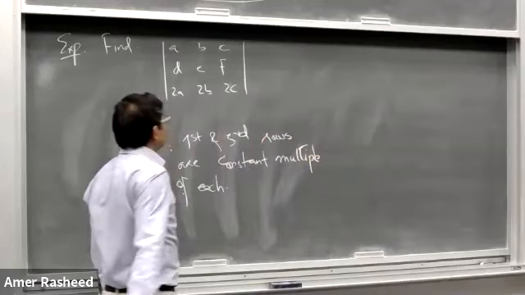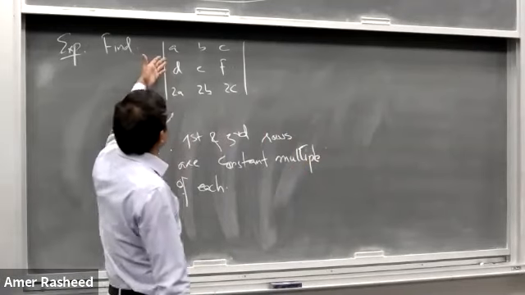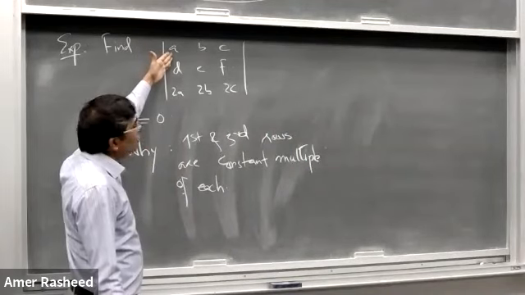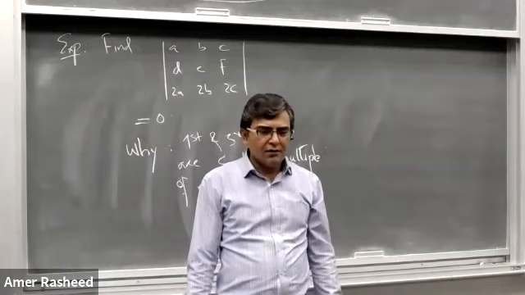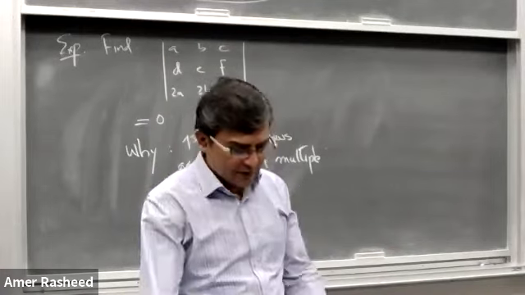What happens when two rows are constant multiple of each other? We can subtract a multiple of 2 of this row from this row. We'll get a 0 row. So if we have a 0 row in the determinant, then the value of determinant is 0.